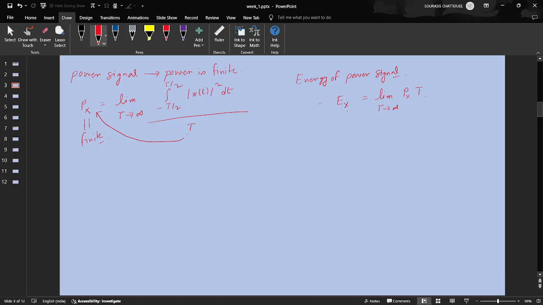So energy of x is given as limit t tends to infinity P of x times t.